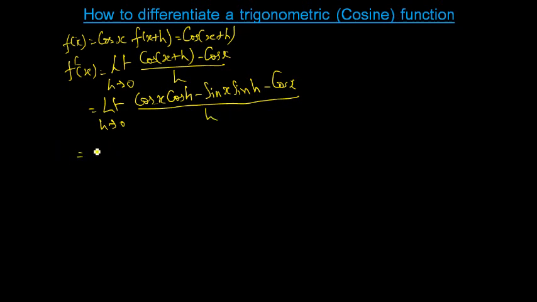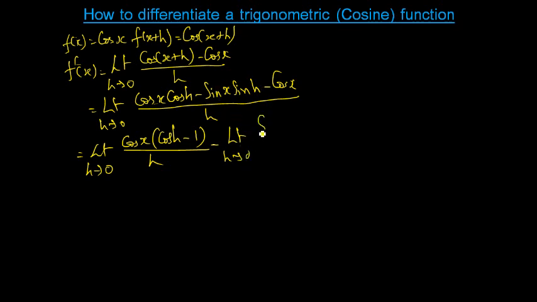Again, let me combine the terms with the common functions. Cos x is common, so let me combine these two terms with cos x, minus, this is separate, so sin x sin h over h. So this and this are combined to form here, and this is here.